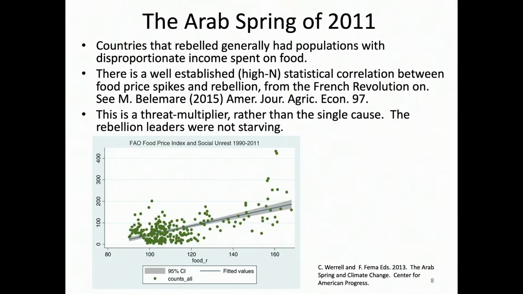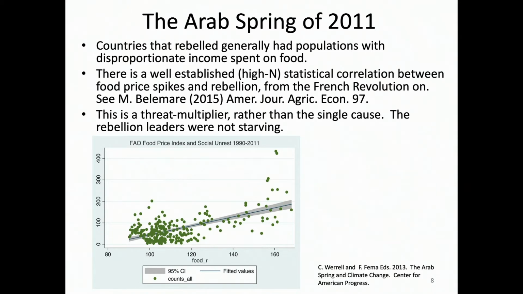This is a correlation between an index of civil disruption, of violence and rioting, and the severity of food price spikes. There is a correlation there that I think points to causation. It goes back to the French Revolution. And so there's a lot of evidence, in fact, that these extreme weather events caused the outbreak in the Middle East.